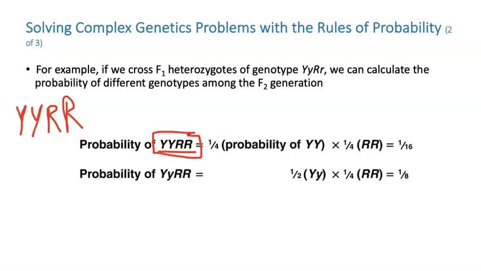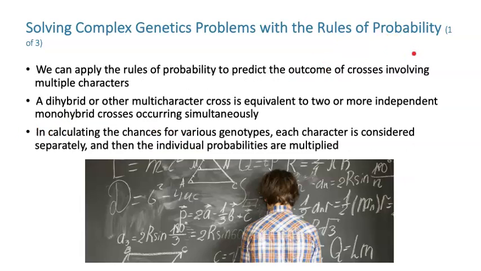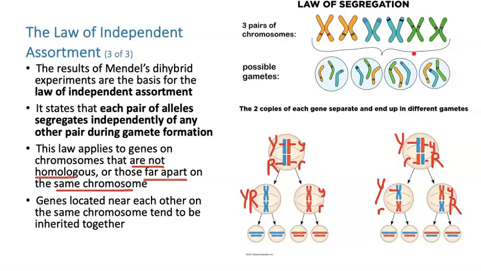And our parents are big Y, big R, little r. And we know that 1/4 of those gametes are going to be big Y, big R. We know that because we just looked at it up here, right? 1/4 of those were big Y, big R. There it is right there.